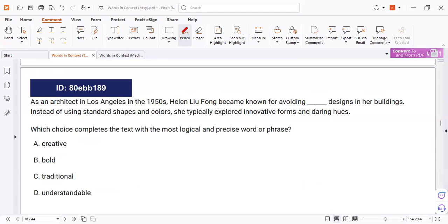What's yours? B. Or no, no, C. C. C, no, it's C, correct.